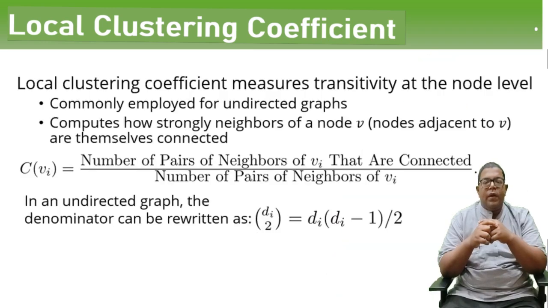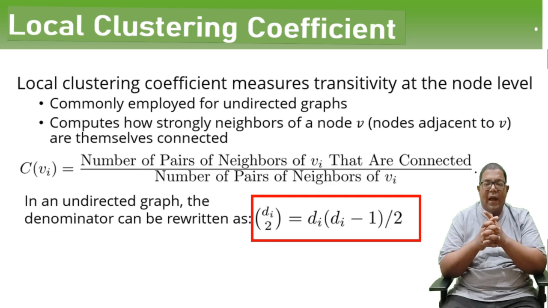The local clustering coefficient is given by the number of pairs of neighbors of Vi that are connected divided by the number of pairs of neighbors of Vi. For an undirected graph, the denominator can be written as di into di minus 1 divided by 2. Here di means the degree of the ith node.